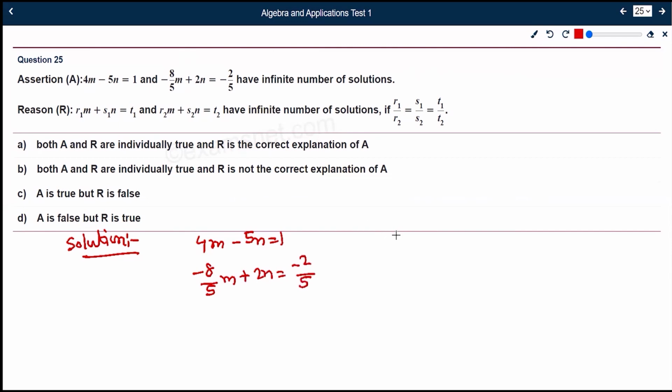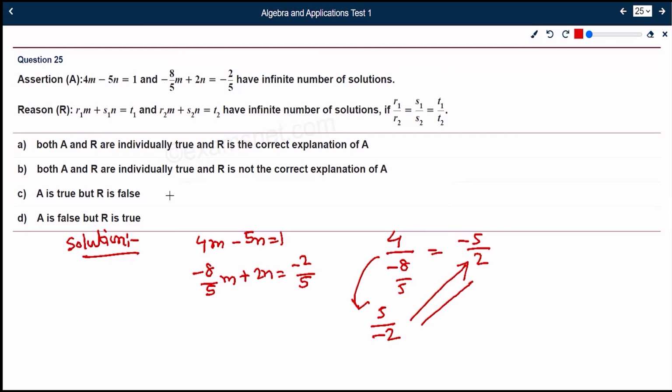Now 4 by minus 8 by 5, or I can write minus 5 by 2. Is this equal to 5 by minus 2? So yes, minus 5 by 2, these two are equal. So that means we can say that these two equations have infinite number of solutions. We can individually prove that also.